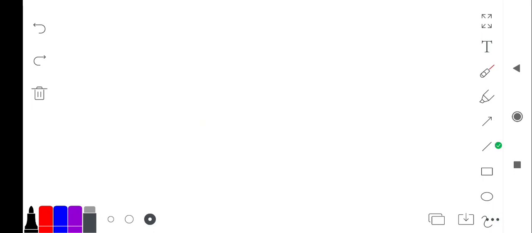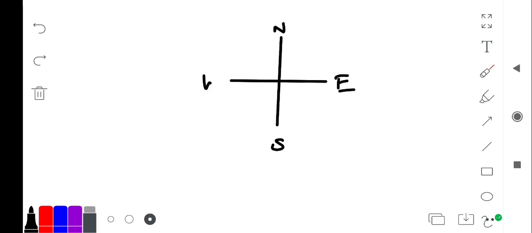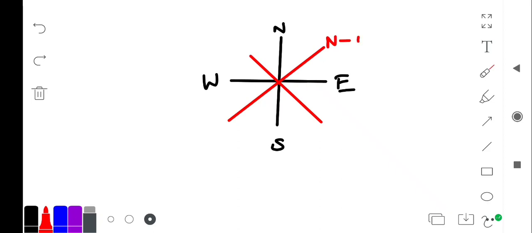So remind it, north south east west. Okay, so this is always be northeast, that is southeast, southwest, and will also be northwest.